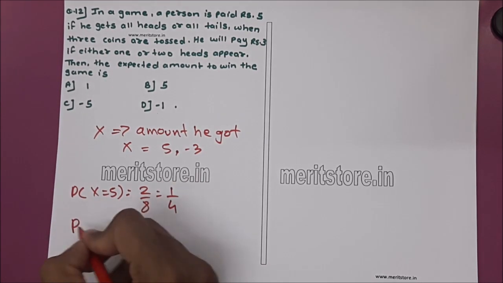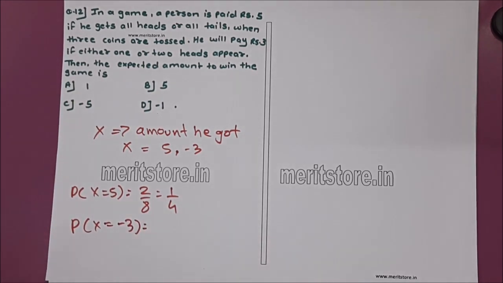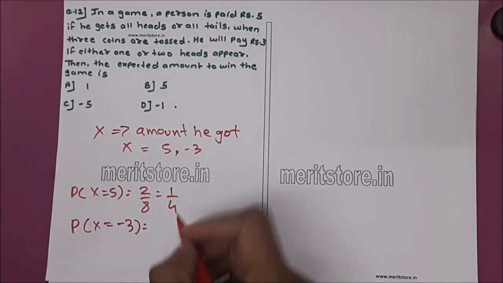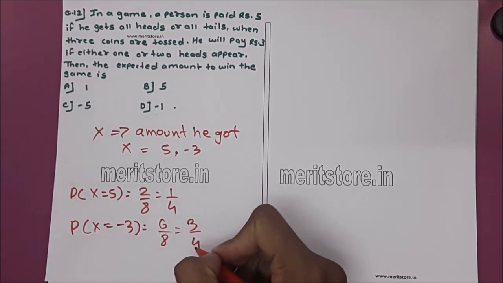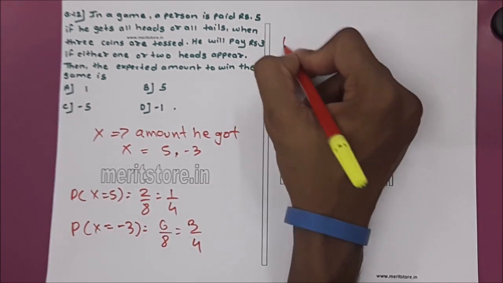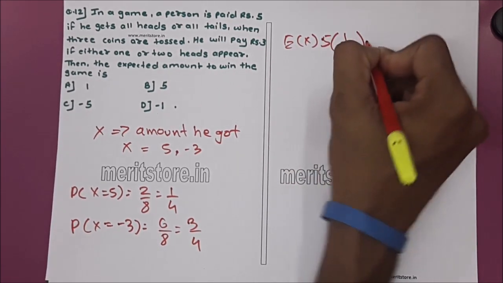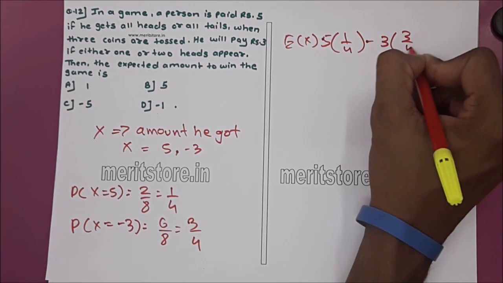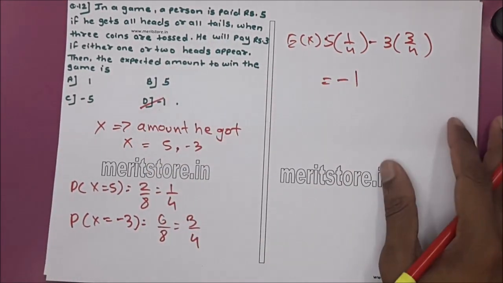The probability of X equal to minus 3, that is the probability of getting 1 or 2 heads, is 6 by 8, which is 3 by 4. So the expected value is 5 times 1 by 4 minus 3 times 3 by 4, which is equal to minus 1, which is option D. Option D is the correct answer.